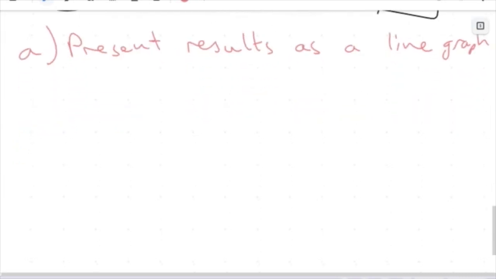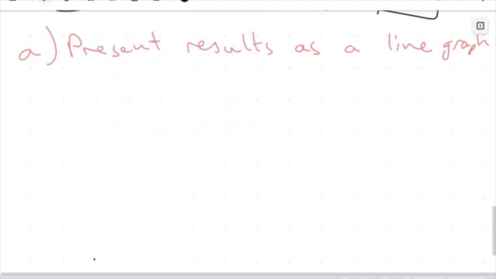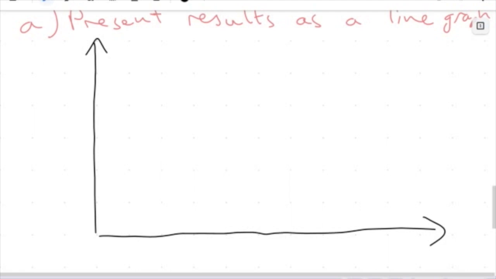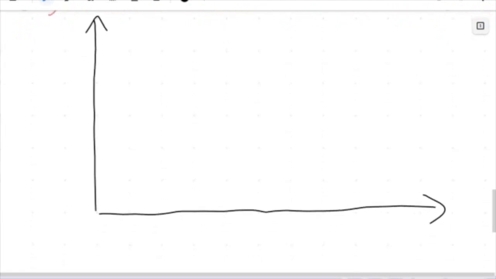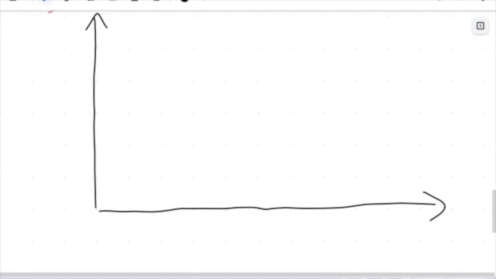Cool, okay. Now, for a line graph, remember, we need two axes. This one here, and this one here. And I'm going to put in my two variables. Typically when we do these types of graphs, we usually want to put our time on the horizontal axis.